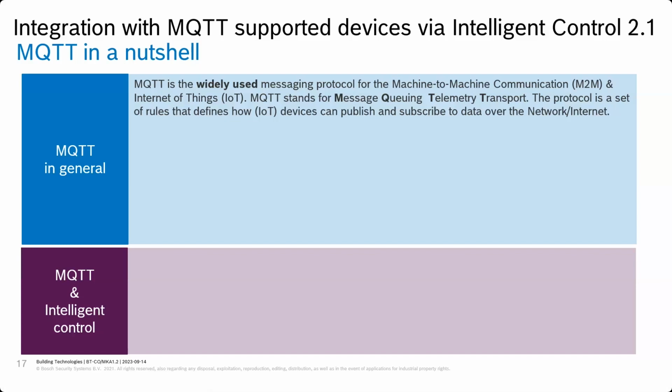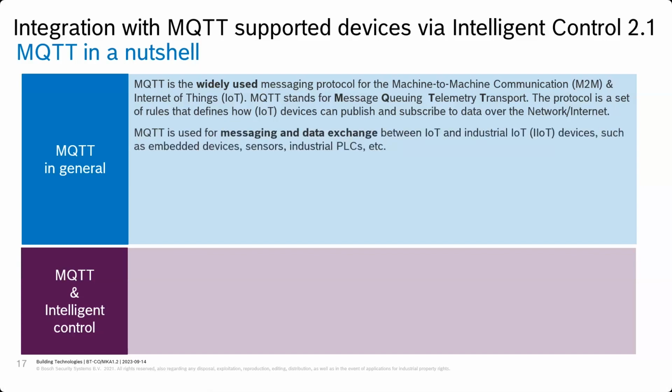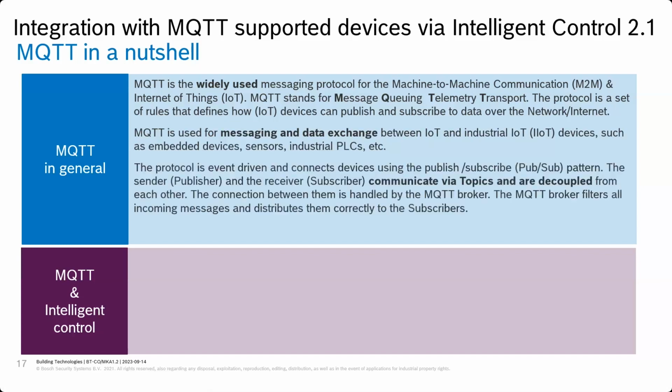So it's always about subscriptions and publishing. We come back to that. It's a message and data exchange between these IoT devices and industrial IoT devices, such as embedded devices, sensors, PLCs, etc. The protocol is event-driven and connects devices using the publish-subscribe pattern, so that publishing and subscribing.